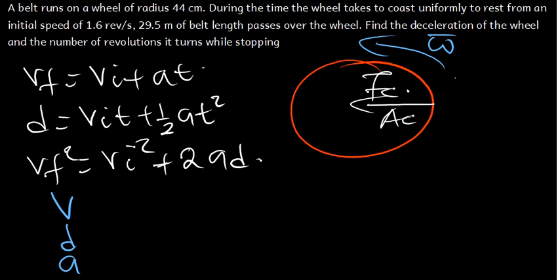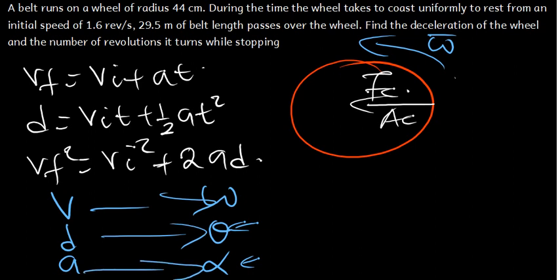Under rotational motion, which is circular motion, we have the angular velocity, the angular displacement, and the angular acceleration. There is a relationship which you have to see between these two sets of quantities.